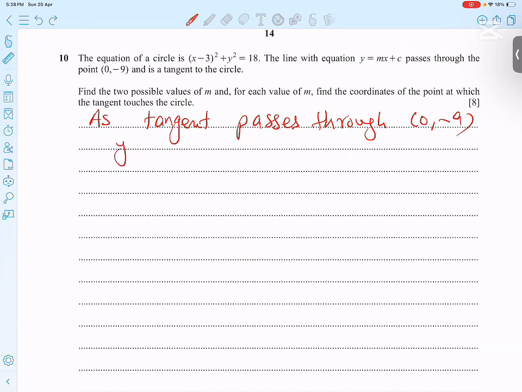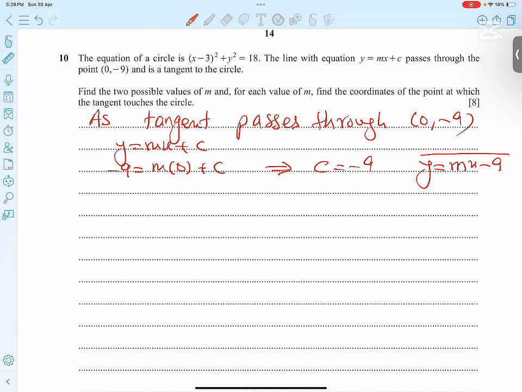I can show you. y equals mx plus c. I replace negative 9 in place of y and 0 in place of x. m times 0 plus c. So c becomes negative 9. So the equation of the line becomes what? The equation of the tangent: y is equal to mx minus 9. This is the equation of the tangent.